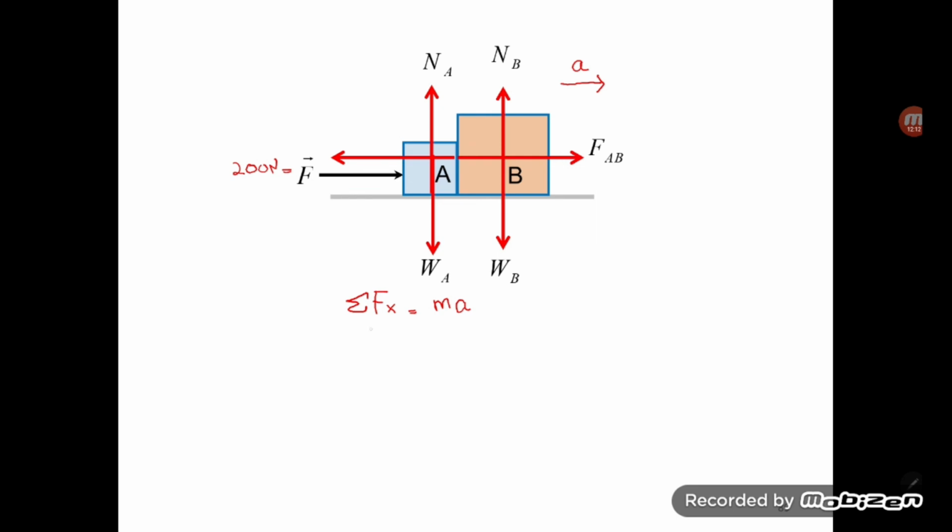The total force is 200 Newton equals mass A 10 kg plus mass B 30 kg times acceleration. So the acceleration we get is 5 meter per second squared.